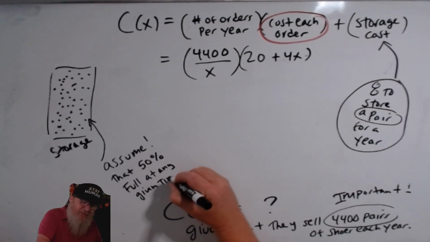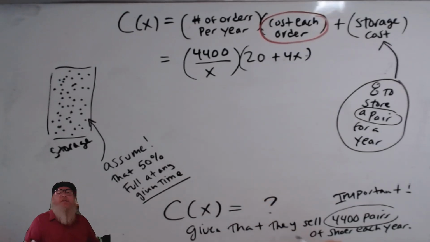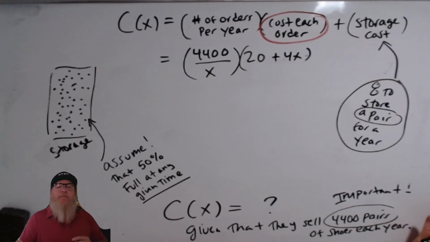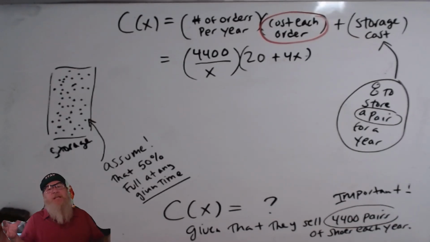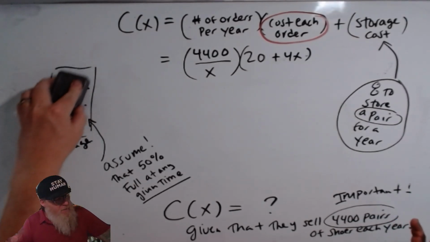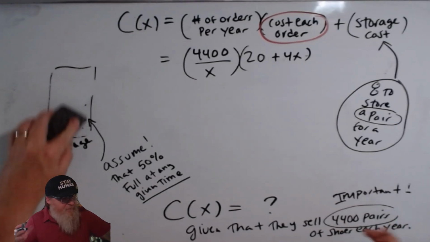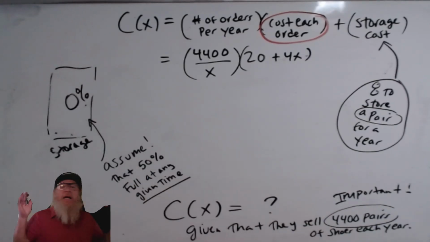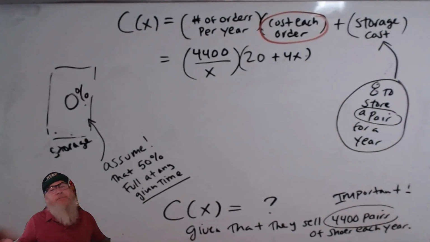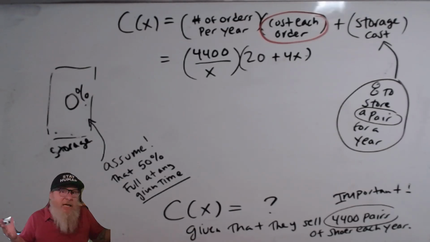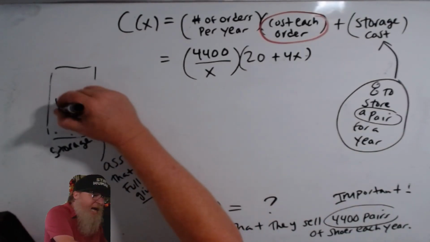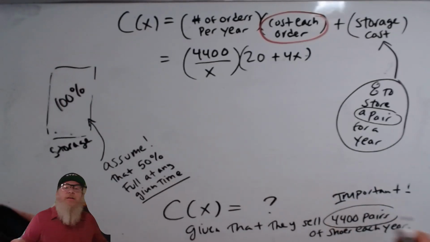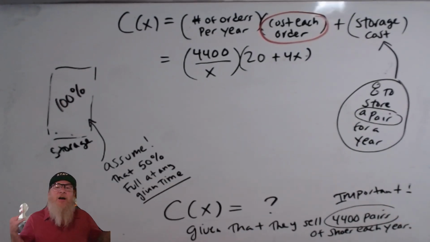Now, I've heard lots of arguments for why this assumption is reasonable. Well, you can think of the course of the year, right? It can go from being empty, 0 pairs, 0%. Oh my God, we don't have any shoes, right? That's not very realistic, but it could happen. You could sell all your shoes and have to wait for another order. Or you could have just gotten an order, and had 100%.